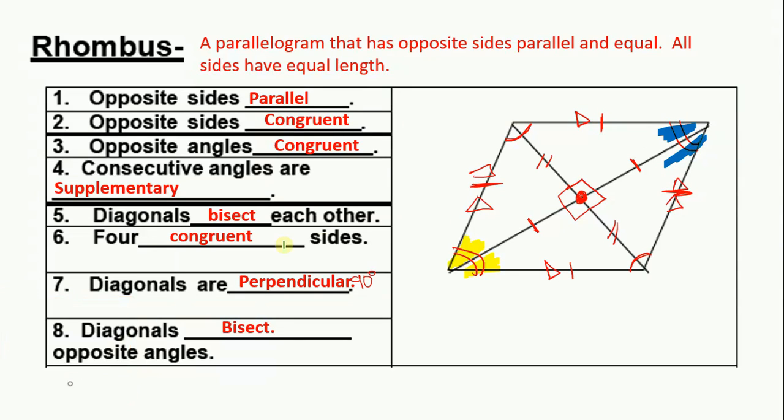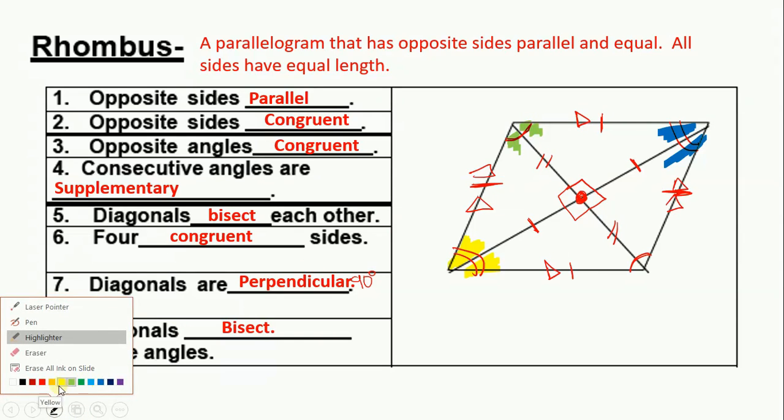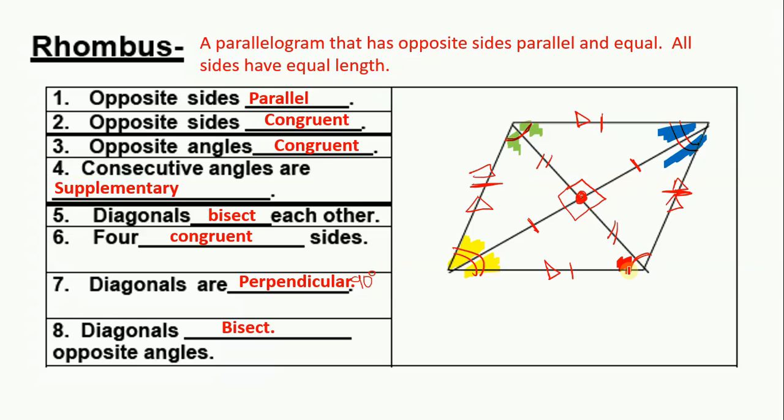And then this guy is congruent to that guy. And finally, this guy is congruent to that guy. Now notice how I didn't color them all the same. They're not all going to be the same. However, when they're bisecting each piece of that angle, the halves of the big angle are congruent to one another.